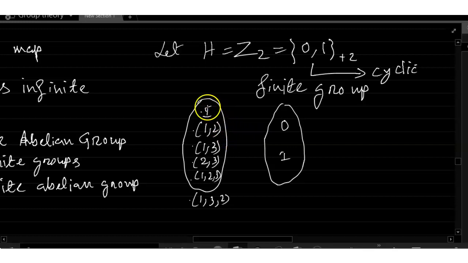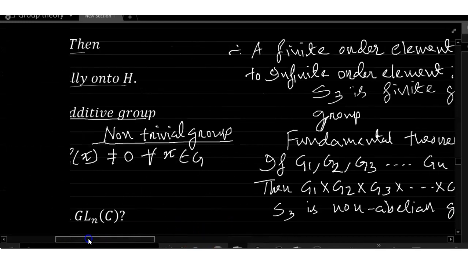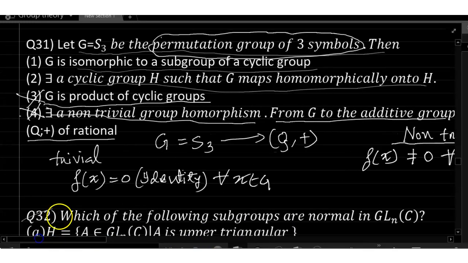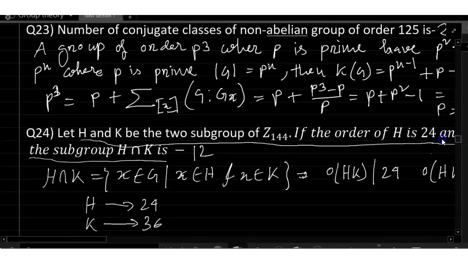We easily see that this mapping is possible. There is an onto map, so there exists a homomorphism onto H. This is possible. That's why, friends, I give one example that this option is also wrong.